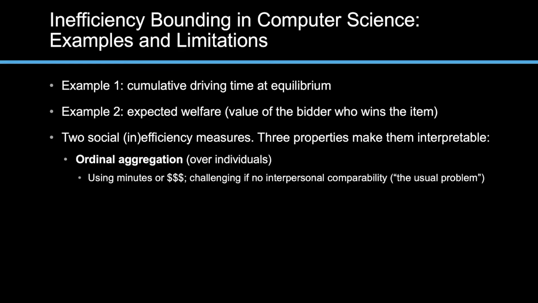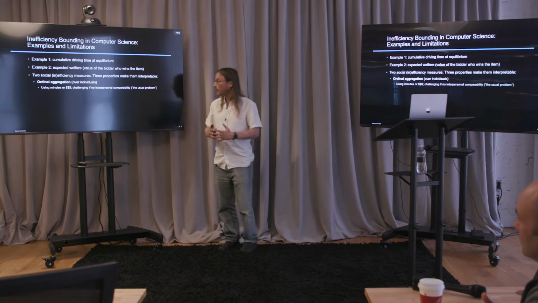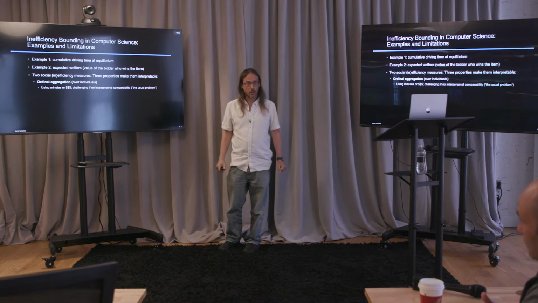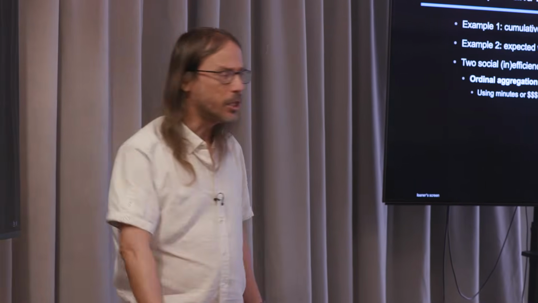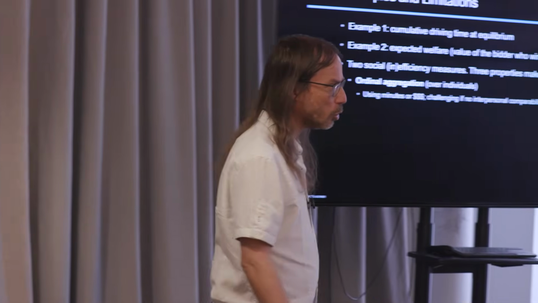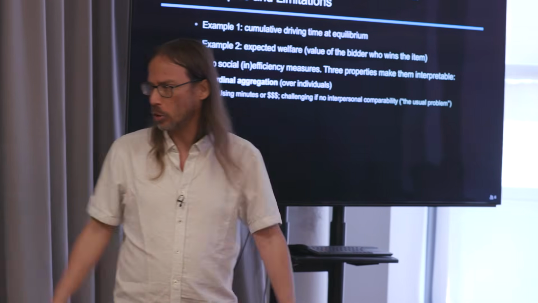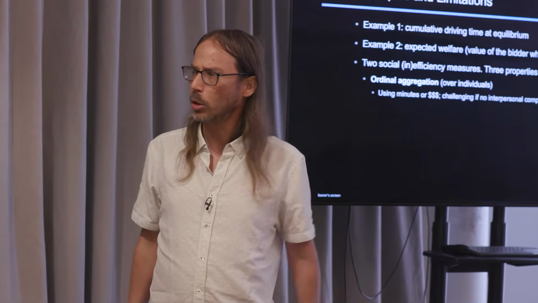They use minutes to sum up over different individuals, or they use dollars to sum up over different individuals. And this is, of course, much more challenging if you don't have interpersonal comparability. This is the usual problem that has plagued social choice for more time than any of us were alive.